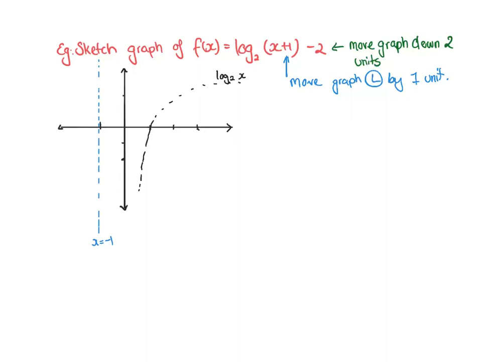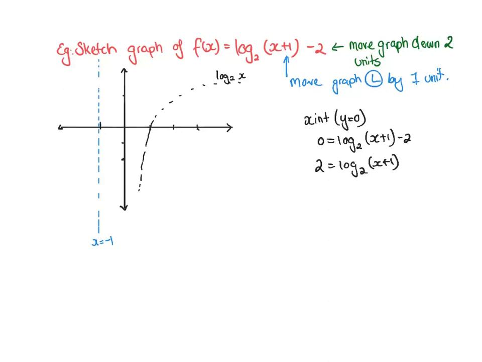So we probably want to find the x and y intercepts of this. So remember the x-intercept is when y equals 0. So off we go. We have 0 equals log base 2 of (x plus 1) minus 2. I'm just going to keep rearranging this. So I've put the 2 on the other side.